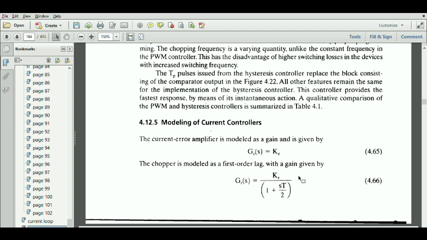So anyway, we model the chopper with very high frequency. One more thing is that the chopper time constant should be very much less than the motor time constant, or the electrical time constant of the motor.